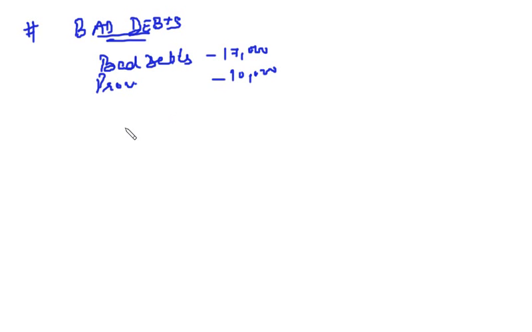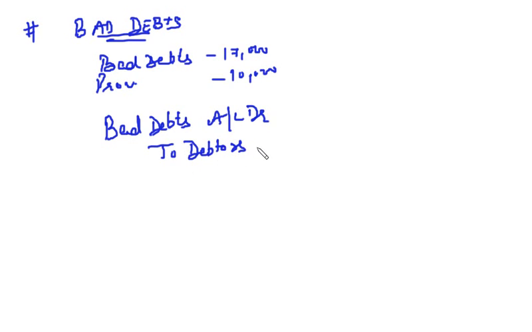If the value of an asset is reducing, the asset will be credited. So the journal entry will be bad debts account debit to debtors account. Clear? How much? 17,000 and 17,000.